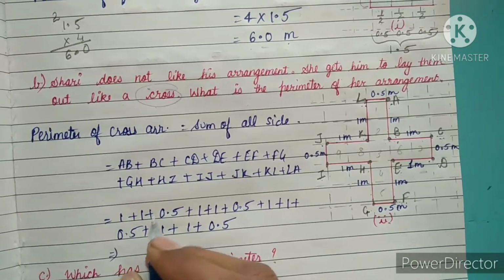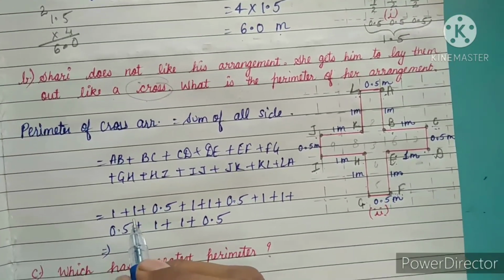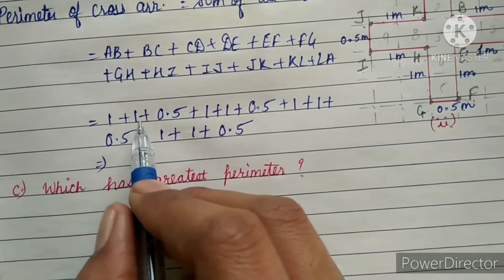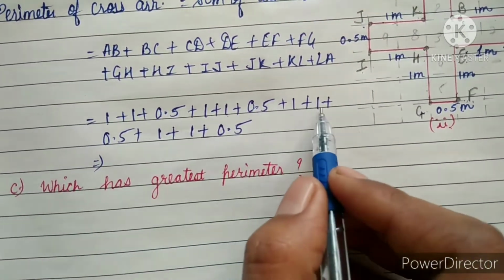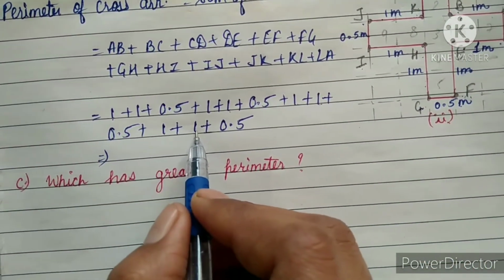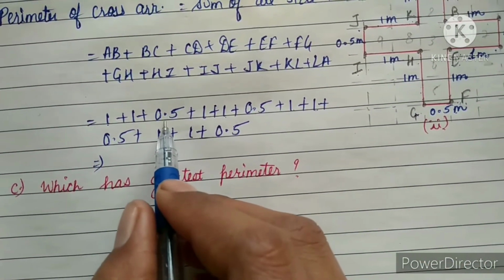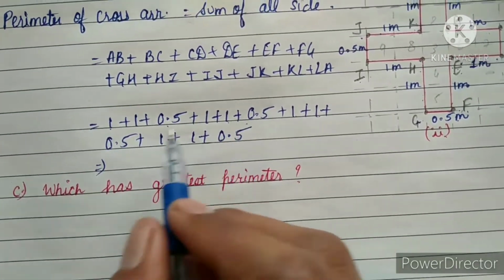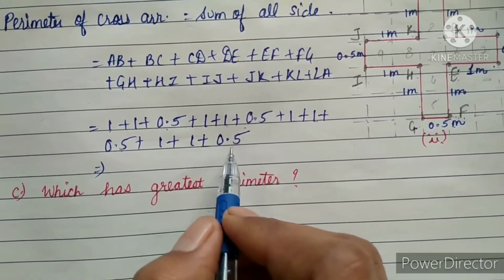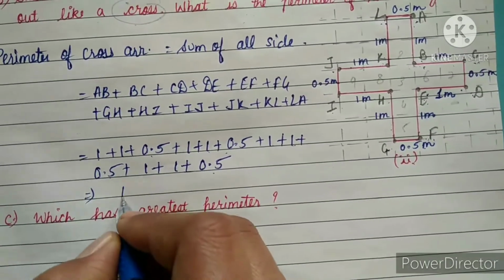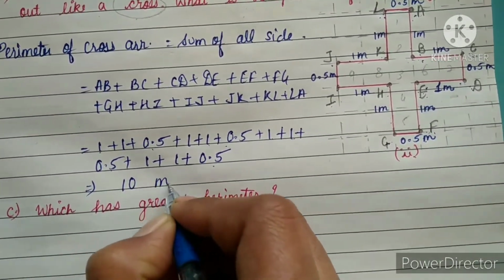Firstly we count all the 1s: 1, 2, 3, 4, 5, 6, 7, 8. 8 is here, half and half makes 9, and half and half makes 10. So here we got 10 meter.